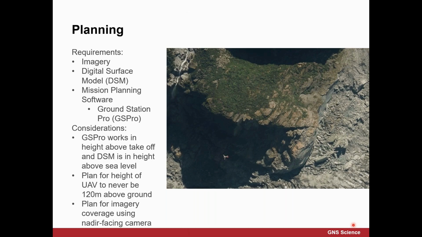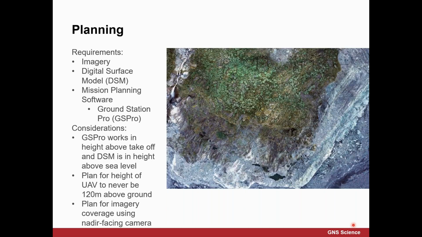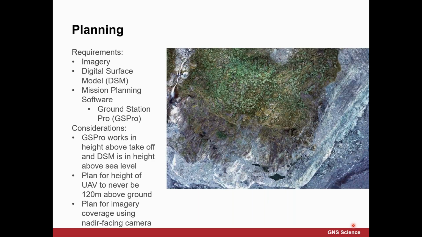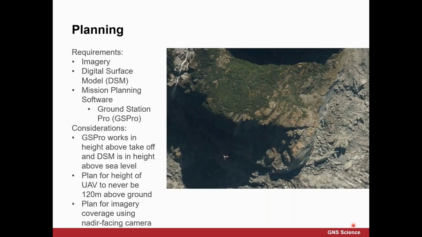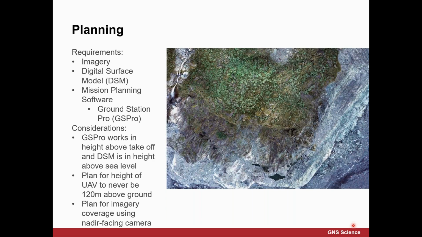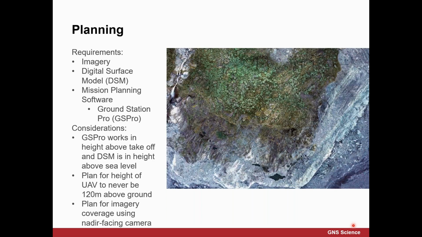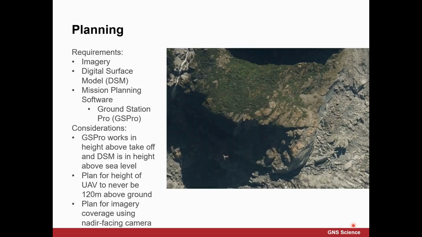So when we're planning here, it's quite a tricky environment. We've got to have 3 things when we're planning, which is imagery, digital surface model, and mission planning software. Problem is, they all work in kind of different heighting situations. So the digital surface model works in height above sea level.